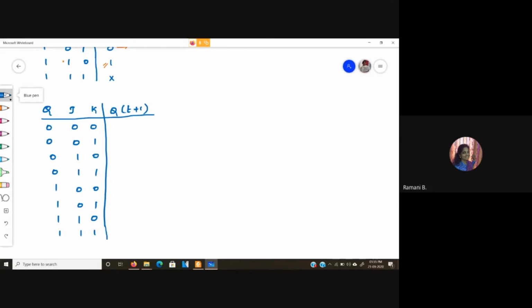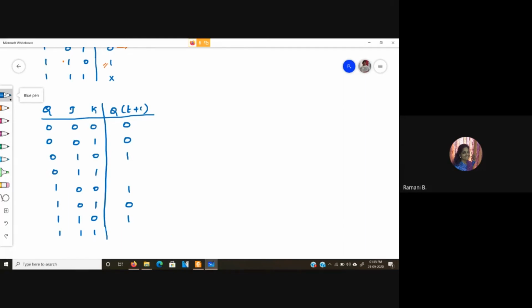Here we know with J equal to 0 and K equal to 0, it is the no change condition, similar to that of the SR flip-flop. So we have 0 and 1 over here. Then J equal to 0 and K equal to 1 is our reset condition. So irrespective of the value of Q, we have 0 over here. Then J equal to 1 and K equal to 0 is our set condition. So irrespective of the value of Q, you have the output to be 1.